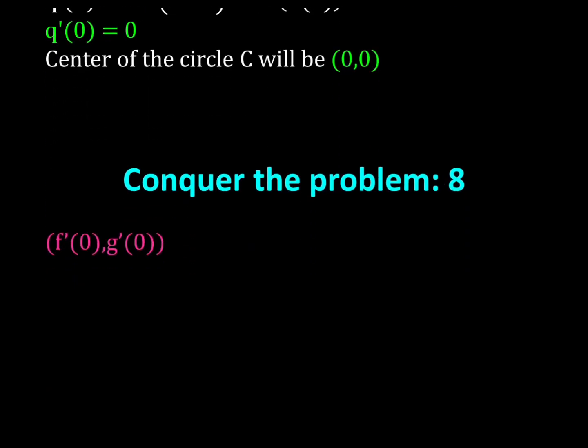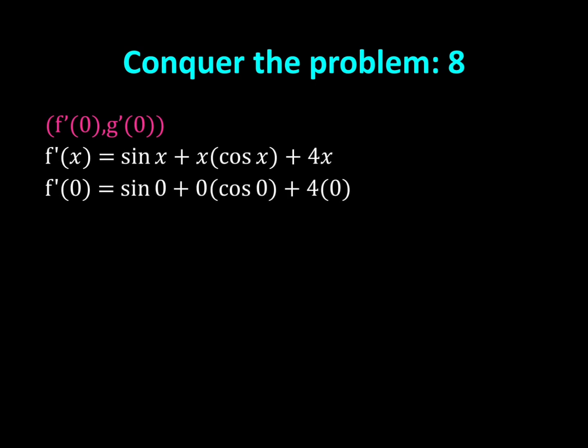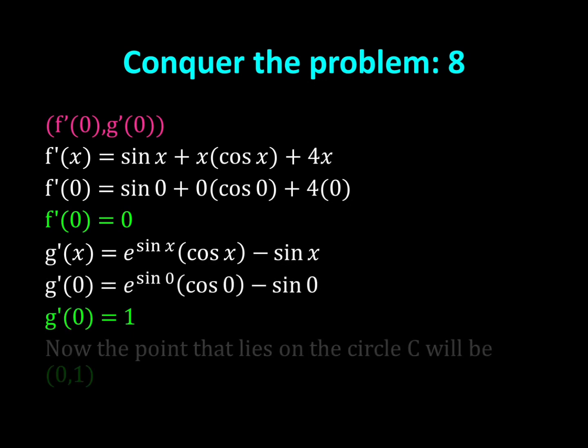Now, let us figure out the value of f dash 0, g dash 0. When we plug in the value 0 into f dash x, we get f dash 0 to be equal to 0. And when we plug in the value 0 into g dash x, we get g dash 0 to be equal to 1.